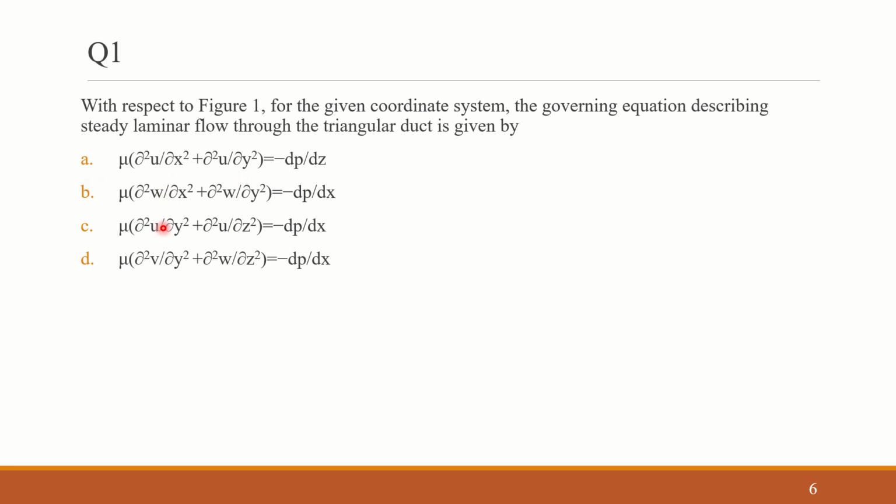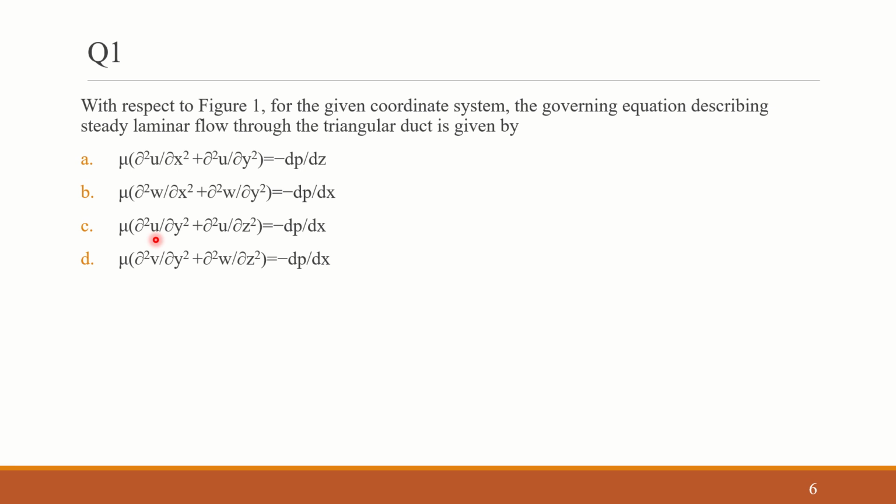Whereas option C, here u component velocity is there and it is a function of y and z. So both the terms would be remaining, and dou p by dou x is also there. Again, when we come to the last option, v component and w component velocity won't be there. Even though the variation is in y and z direction, that aspect is right, but when we take three components of velocity u, v and w, u is x component velocity, v is y component velocity, w is z component velocity.